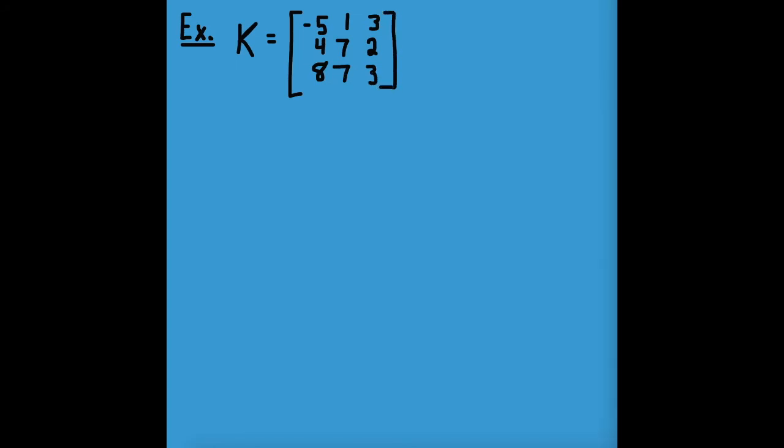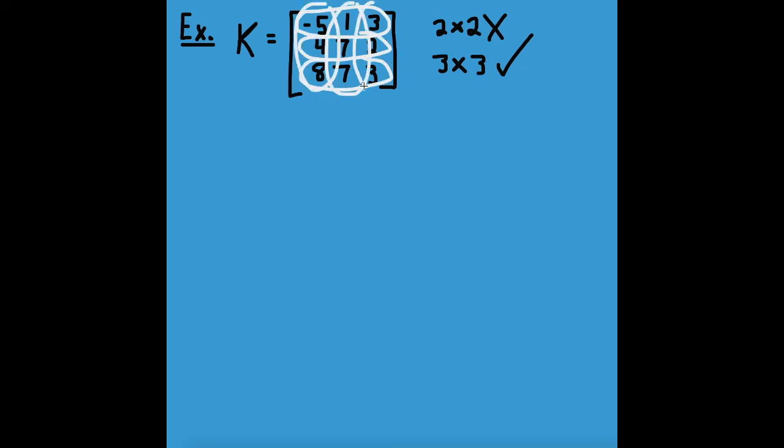So first, let's check that this is a 2 by 2 matrix. And this is not a 2 by 2 matrix. This is a 3 by 3 matrix, as it has 3 rows and 3 columns. Therefore, we cannot use the formula we learned in this video to find the inverse of this matrix.